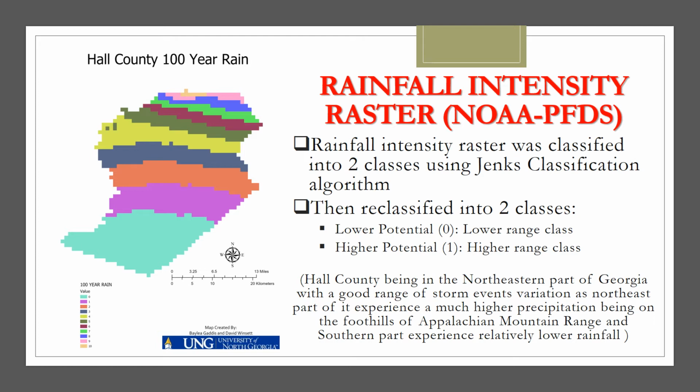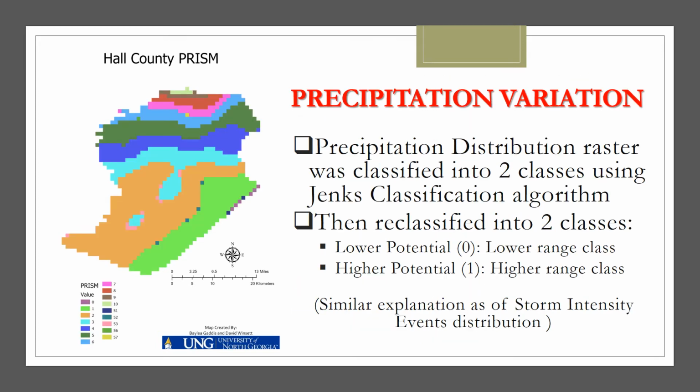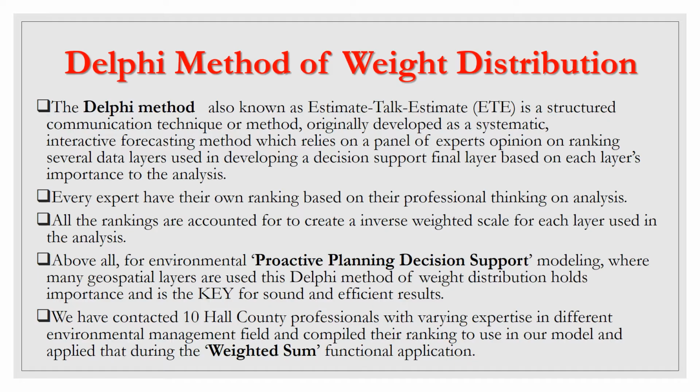If it is high, then higher potential for flooding. And I already explained that Hall County has really varying rainfall and intensity between the northern and southern sides. The precipitation variation raster was also classified into 2 classes. Similar explanation to the storm intensity event.